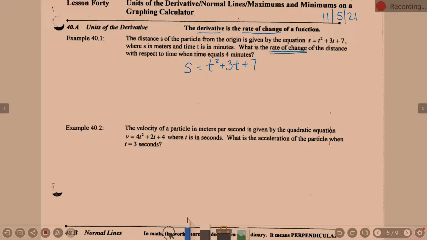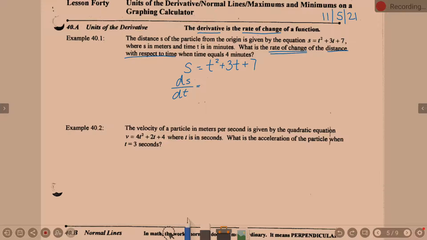The rate of change of the distance with respect to time. Because of how they said that, I'm not going to just use s prime. I'm going to use the ds over dt form, because it's the derivative of the distance with respect to time.